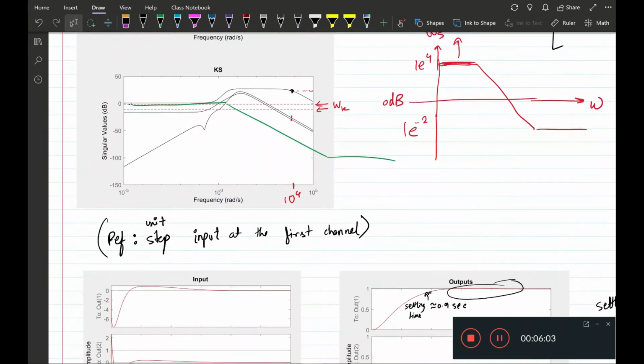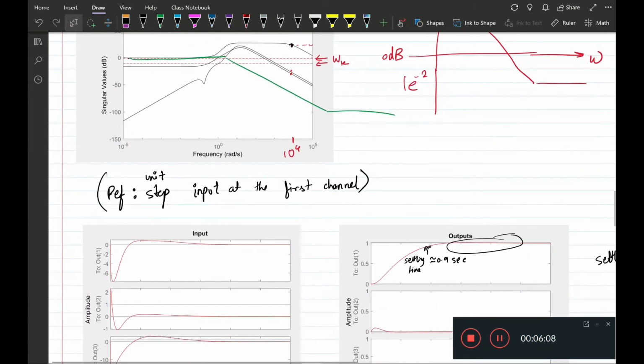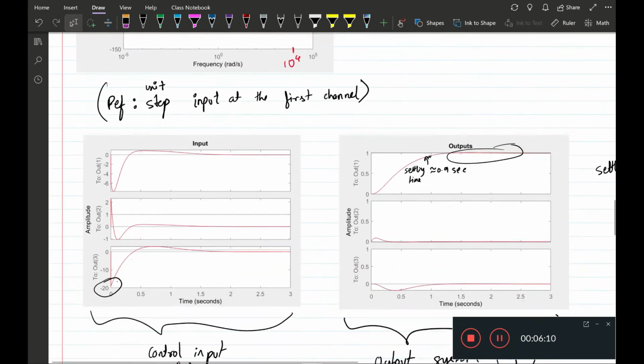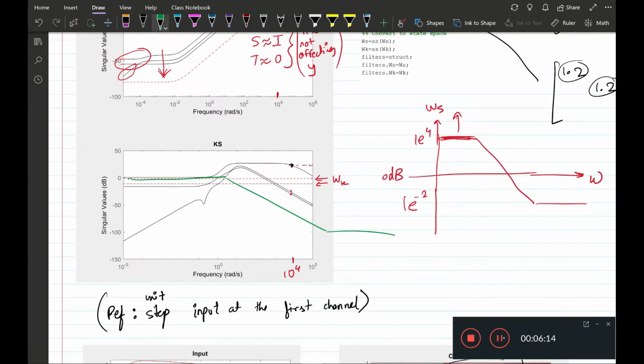What this would do is that it would not make the control input U chatter around when we have an input noise or measurement noise at this frequency.